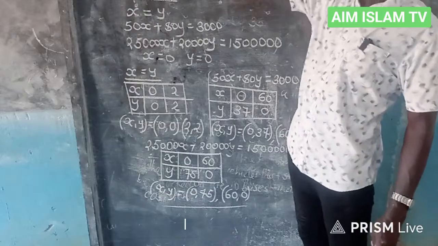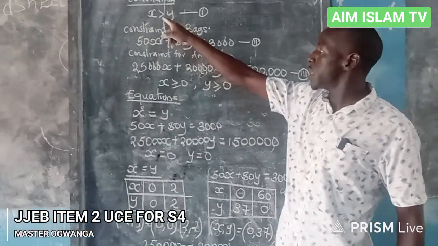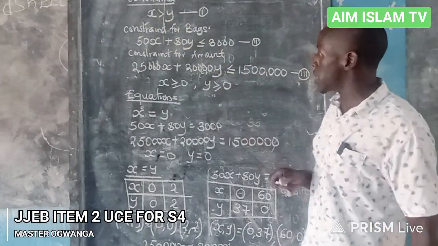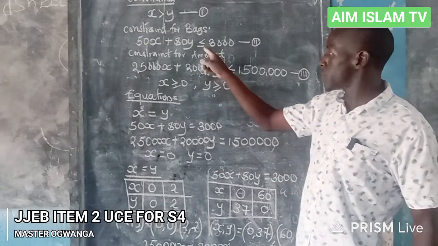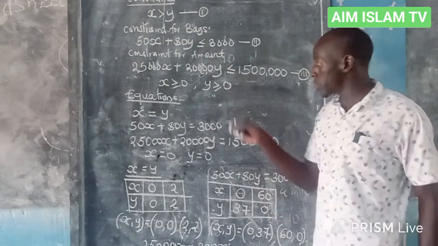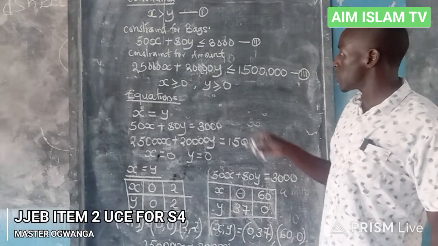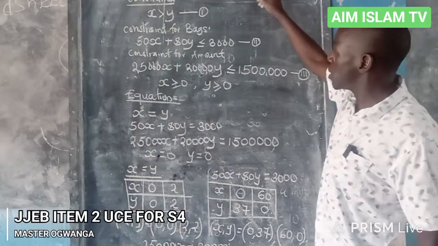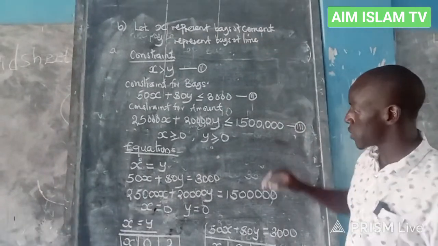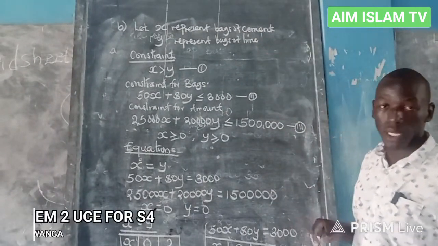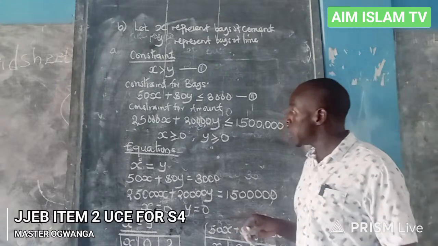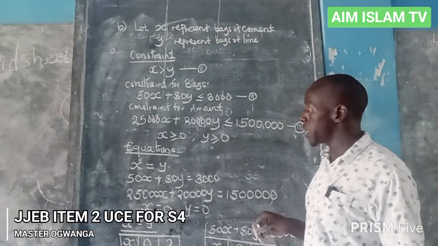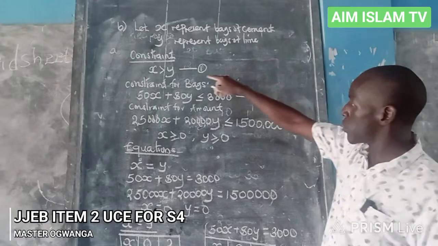Like the signs we are dealing with here, we have the greater than sign, and we have the less than or equals to, which can be called the maximum. We are also having the less than or equals to, which may also be called a maximum. We always base on only two types of line when representing these in the inequality or linear programming.